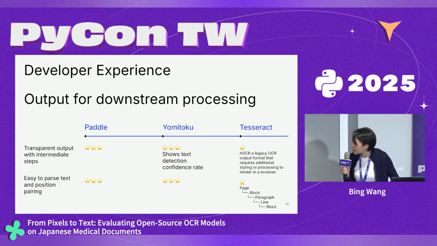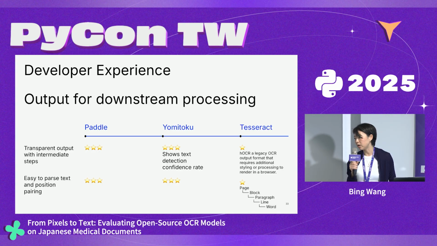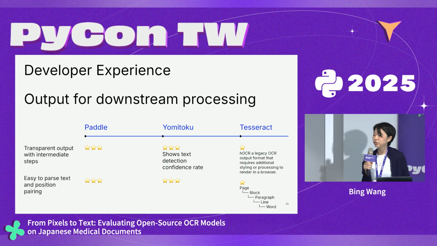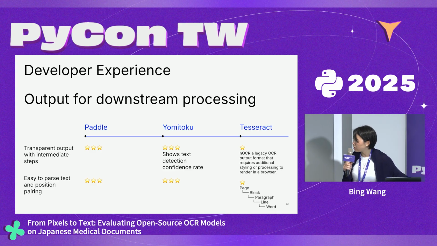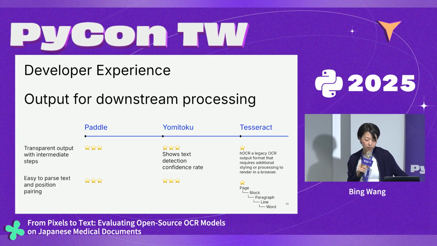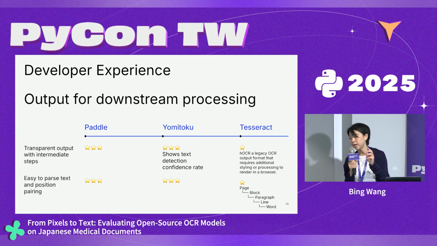And then for Tesseract, it creates this legacy format called HOCR. I personally don't find it very easy to use. You have to apply additional styling in order to render this in a browser. It's essentially HTML. For our use case, we would like to have easy to parse text position and content pairing.